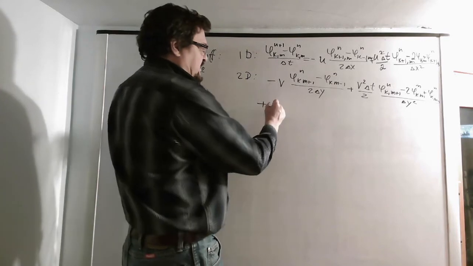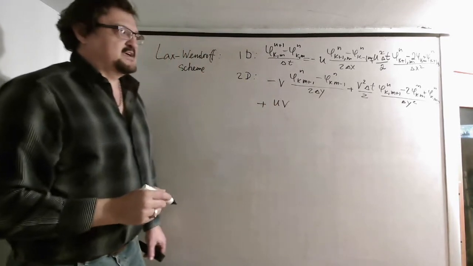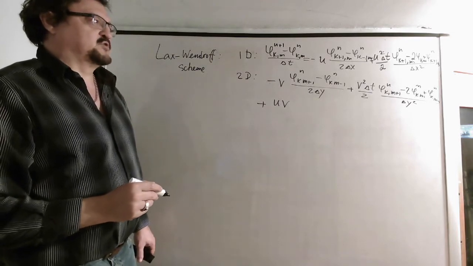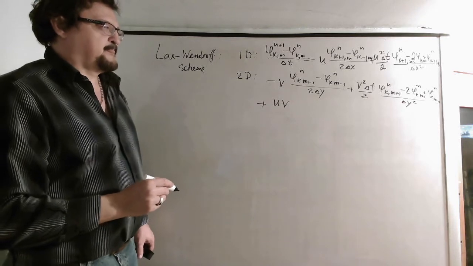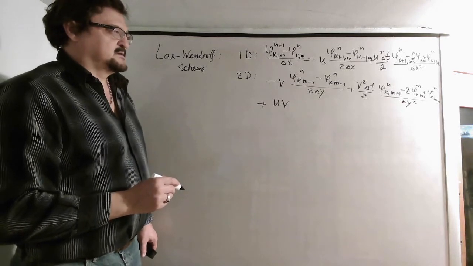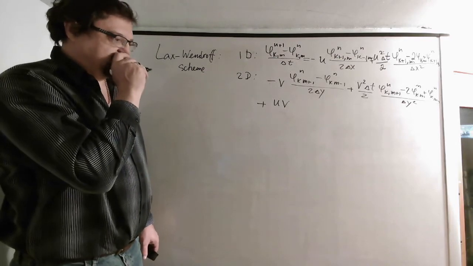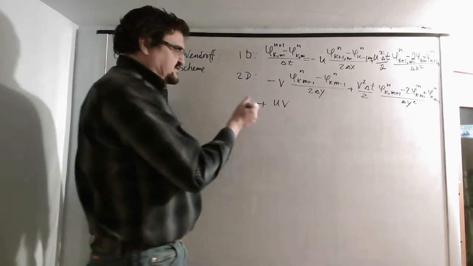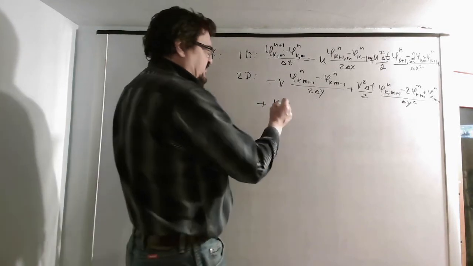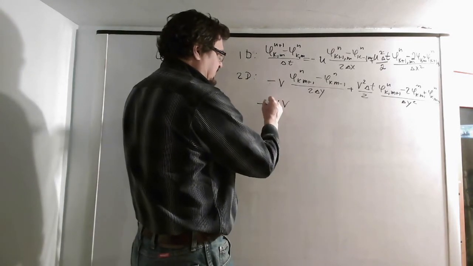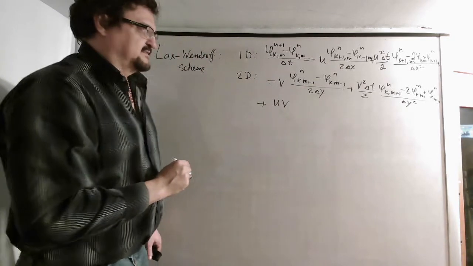We need to add the term u times v, and then it's going to be 2 times... well, I don't remember quite the coefficient here. Shouldn't it be 1/8? So we need to use... okay, so I think it's just like that, yes.